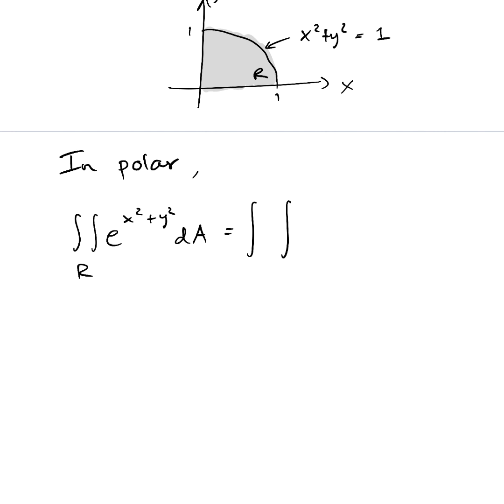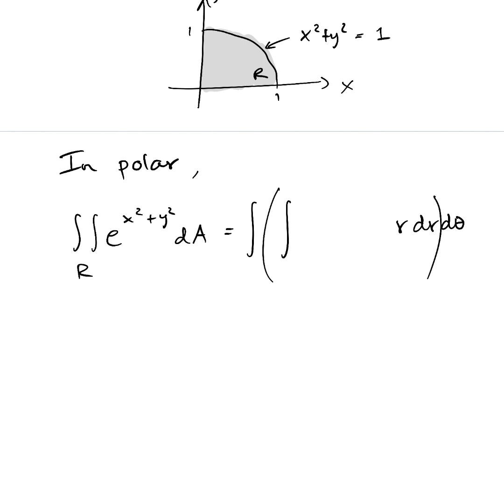The dA becomes r dr d theta. One more time, r dr d theta. Don't forget the r. That means the inside integral is being done with respect to r, and the outside integral is being done with respect to theta.